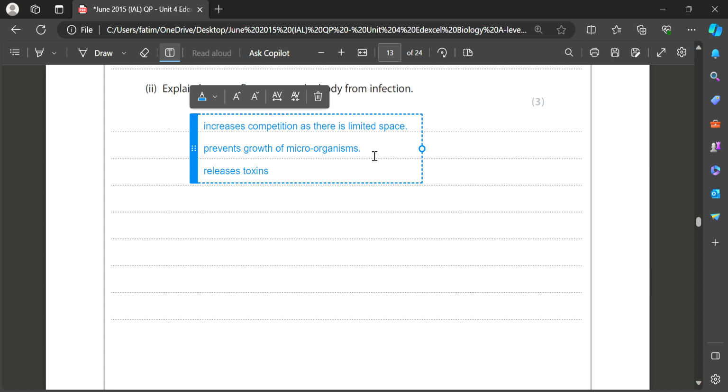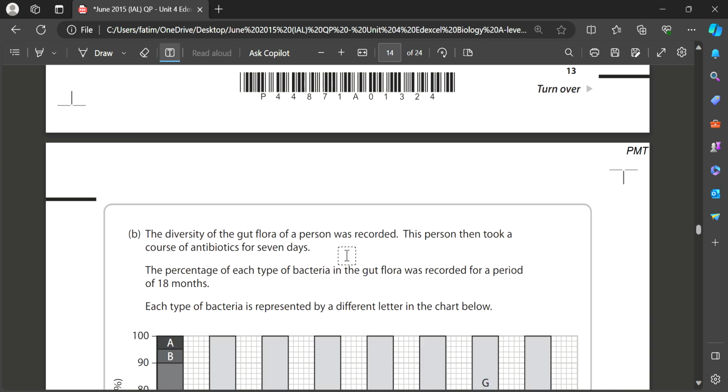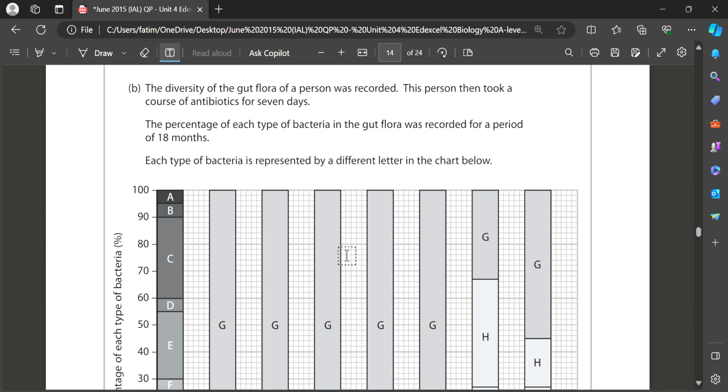There are 2 points, so you have to mention both. Also, it releases toxins to kill pathogens. You can say pathogens, microorganisms, bacteria, anything.